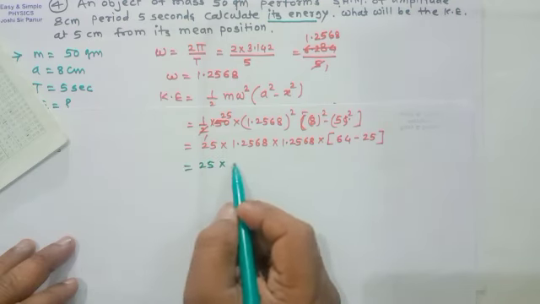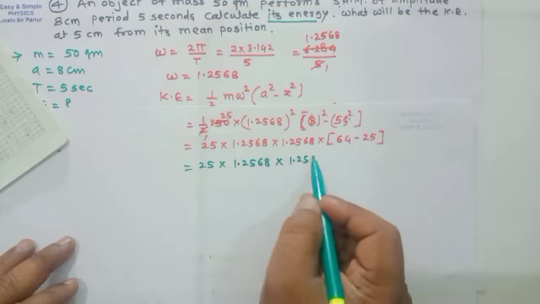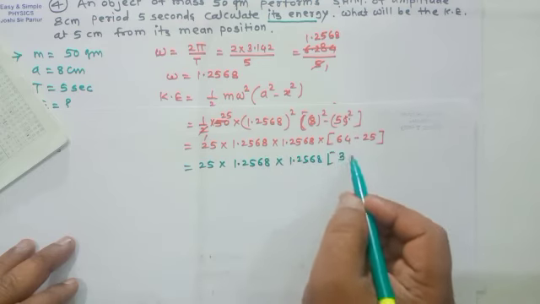So here we can see that 25 multiplied by 1.2568 multiplied by 1.2568 multiplied by 39.